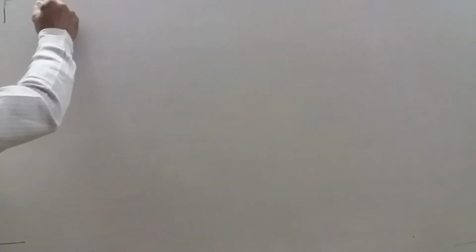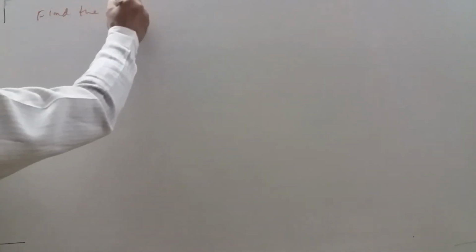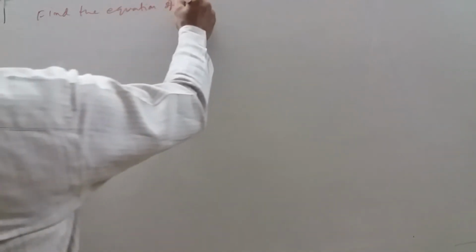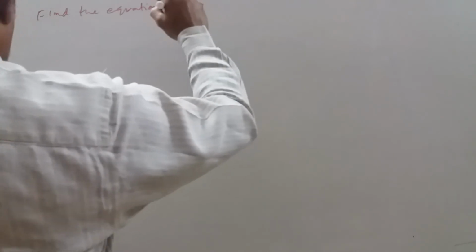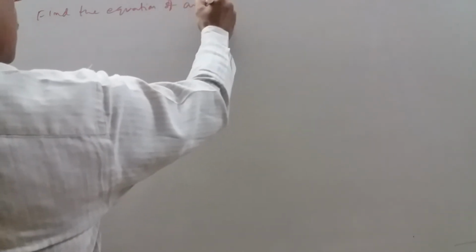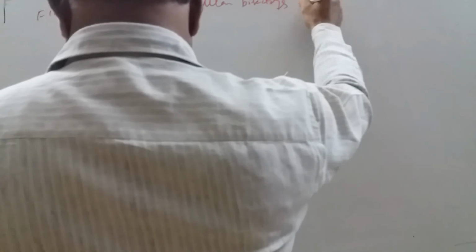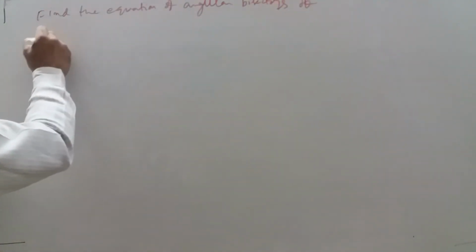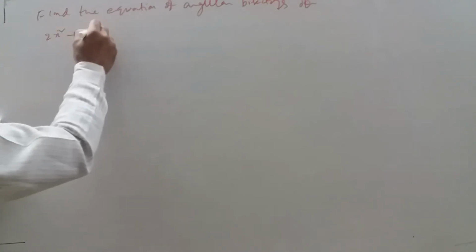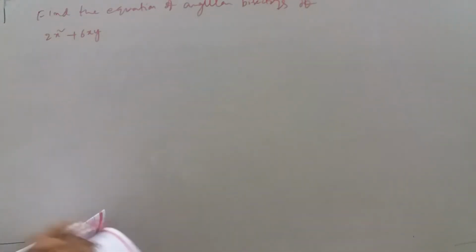Now we will take an example. Find the equations of angular bisectors of two separate lines, we have to take.